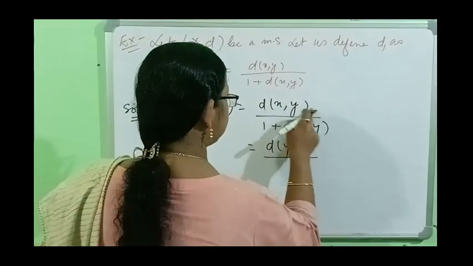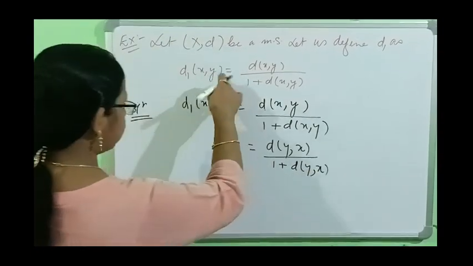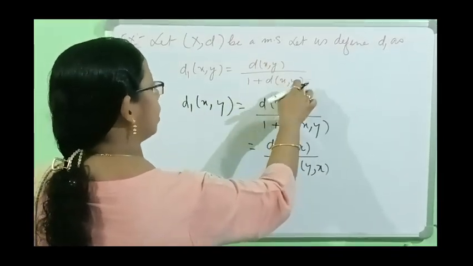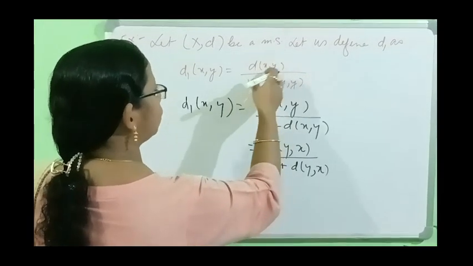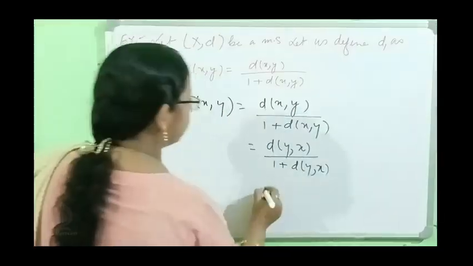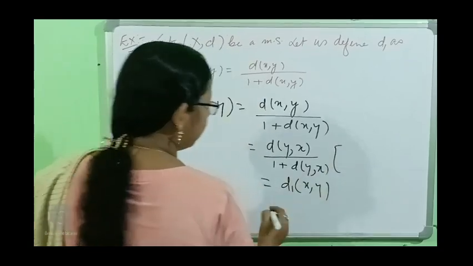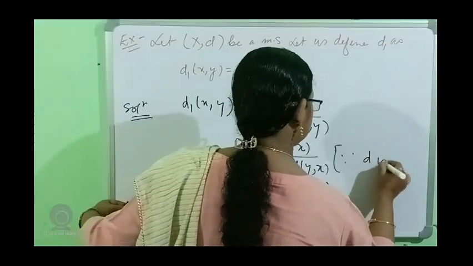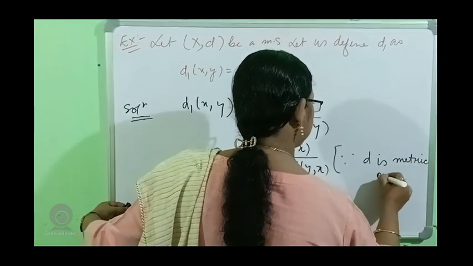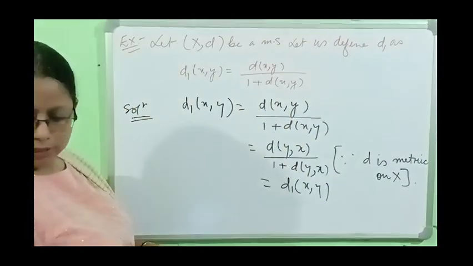So in place of d(x,y), I am writing everywhere d(y,x). Look here, in this function d1(x,y) is defined as d(x,y) by 1 plus d(x,y). If I interchange the variables, d(y,x) by 1 plus d(y,x), it will be d1(y,x). So this is d1(x,y). Here you should write the condition since d is a metric on X. Therefore, the second condition is also satisfied.